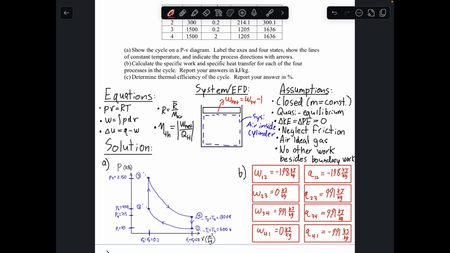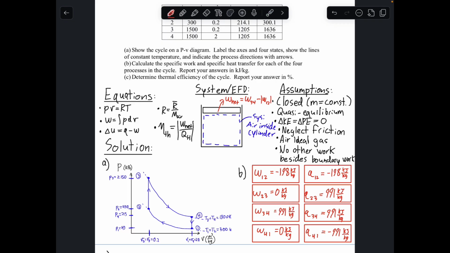So we're going to subtract off the magnitude of the work from 1 to 2, because we found it here to be negative. This is taking away from the total work that we're able to do with the expansion process.